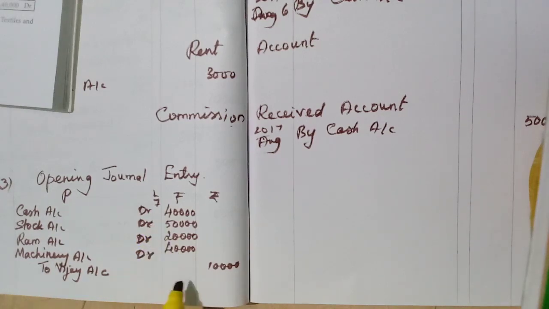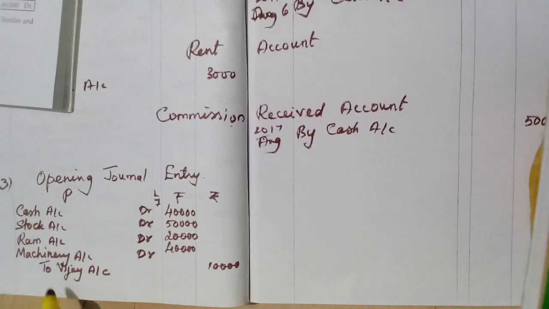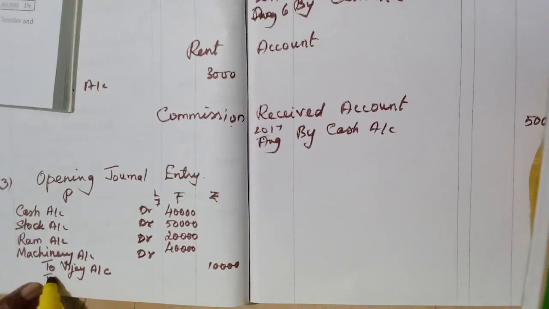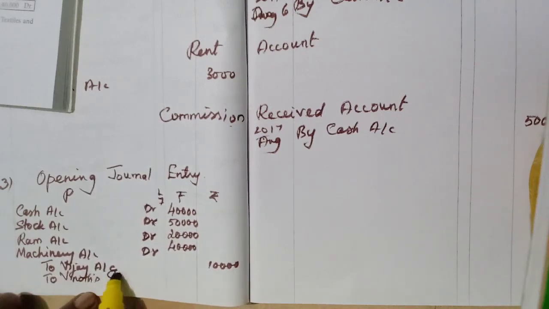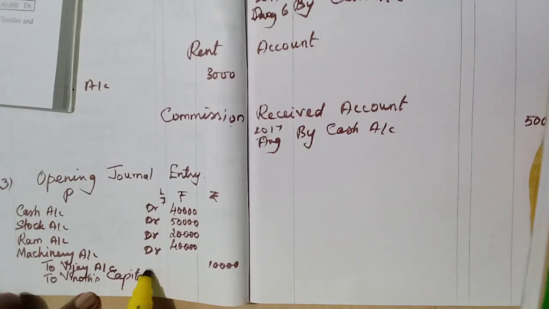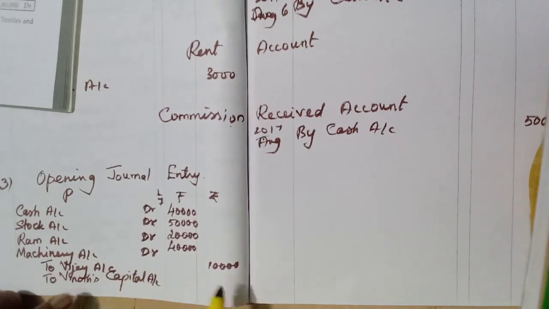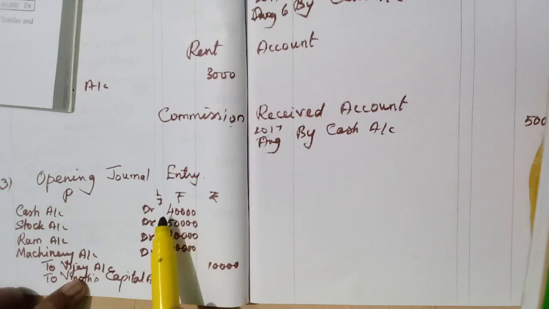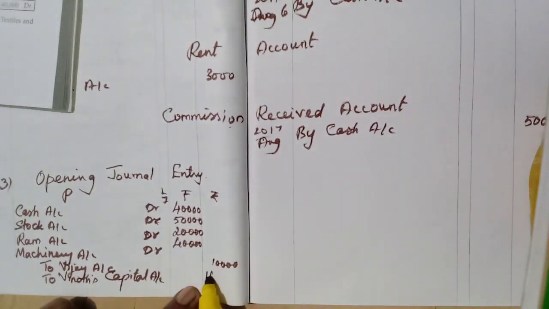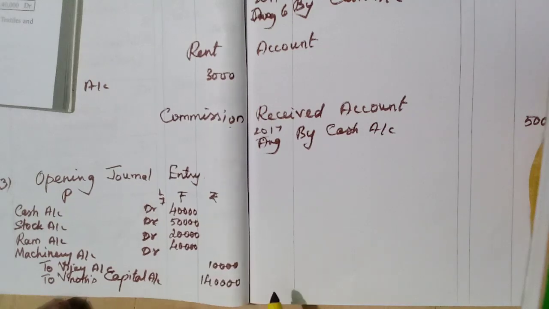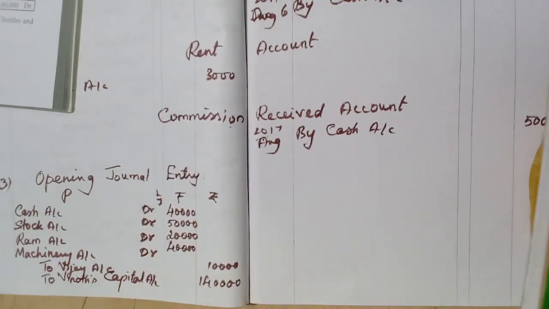So the difference we need to calculate, and the difference will be written as to Vinod's capital account. Vinod's capital account. Find out. Here 10,000. What is the difference? Here 90,000, 1,10,000, 1,50,000. So the remaining 1,40,000. Okay. Now you add here 1,50,000, here 1,50,000.